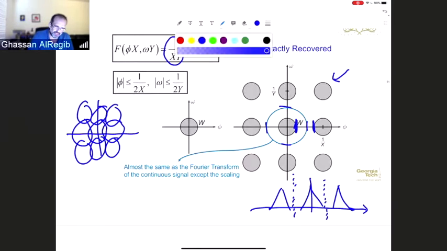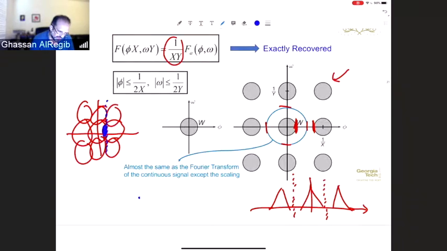So in that case, if I really want to go between negative pi and pi in the X direction and negative pi and pi in the Y direction, I don't have the exact copy that I had before.